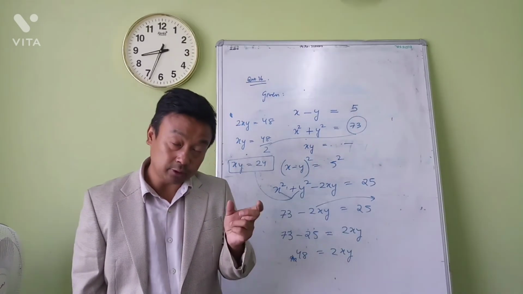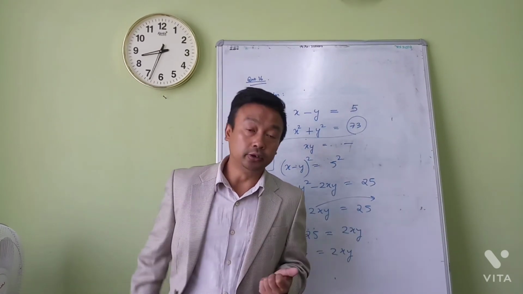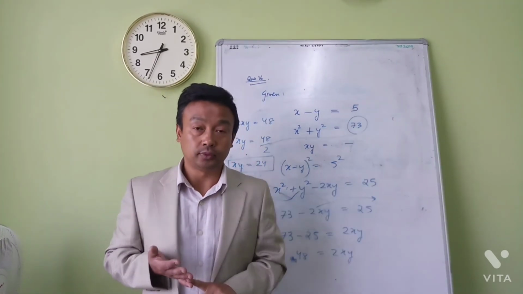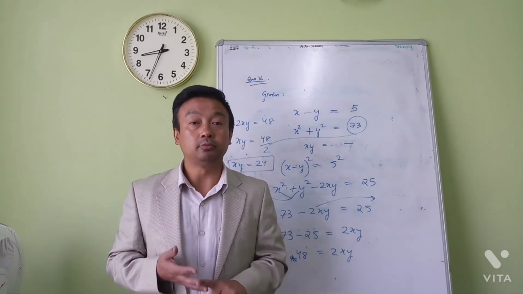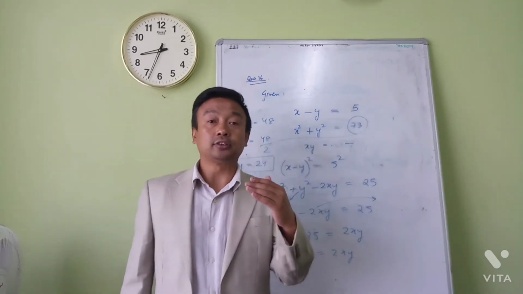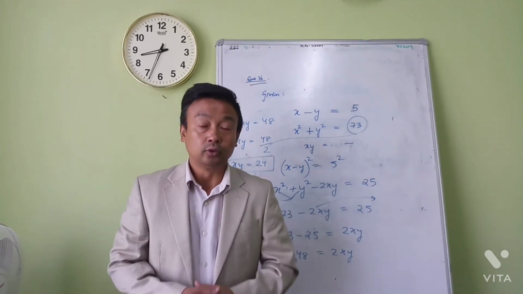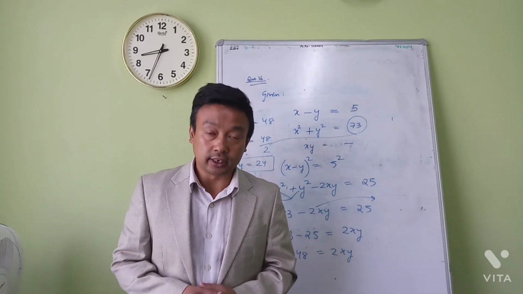We have done the expansion of the binomials by squaring it. Now in the next section you will be doing the cubical expansion, that is a plus b the whole cube and a minus b the whole cube. That section we will be dealing with in the next class, or the next video, which I am going to upload in a few days time.